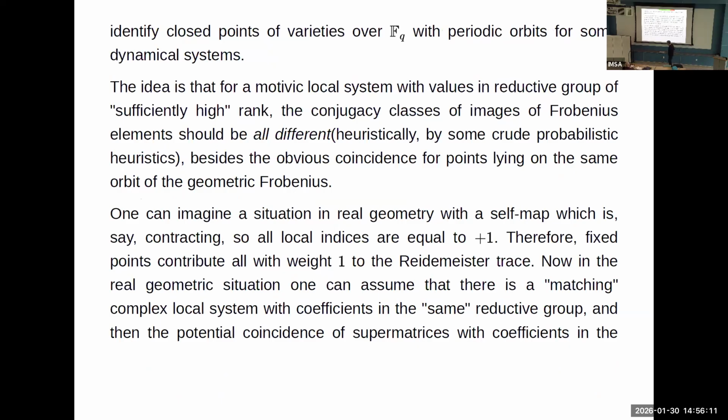And then what is possible, nothing contradicts the following possibility. Suppose in such a situation we have these conjugacy classes distinguishing all elements or all extensions of a finite field, which is pretty likely.